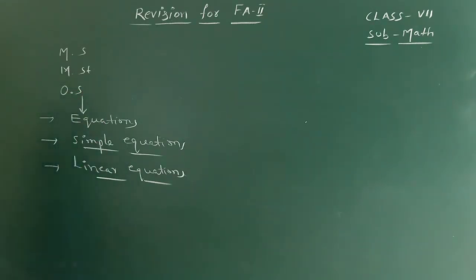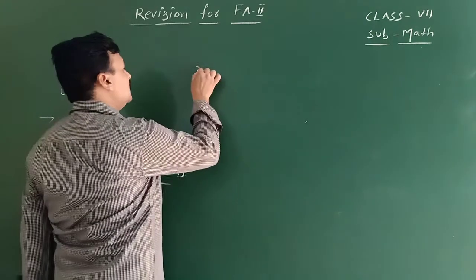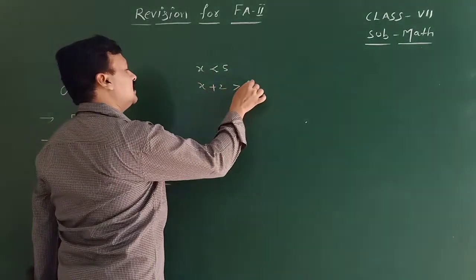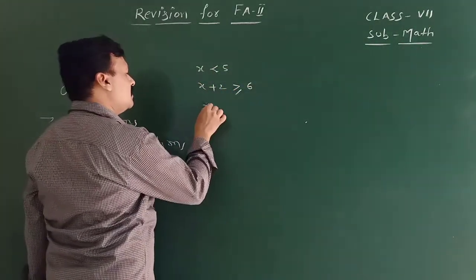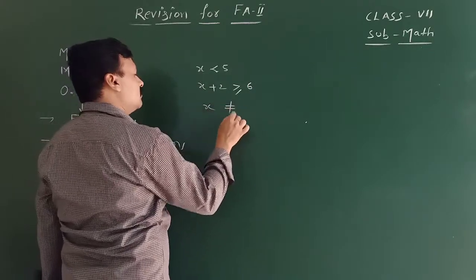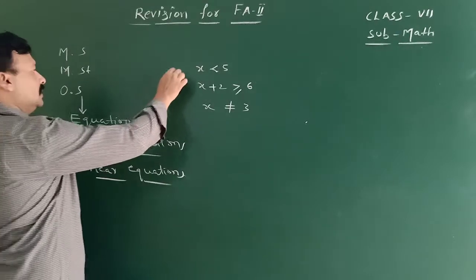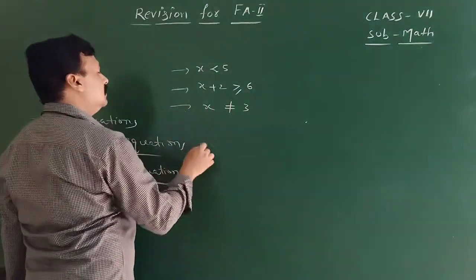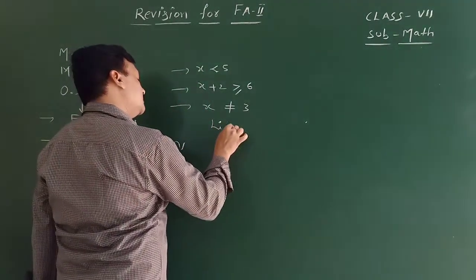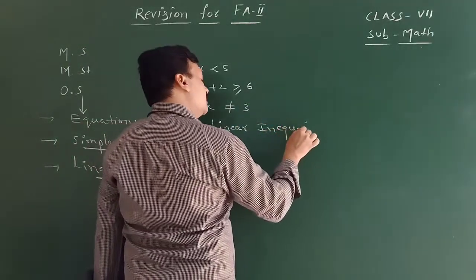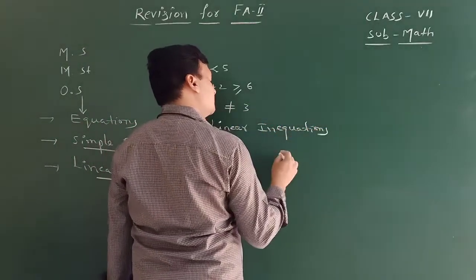If it contains a sign other than equal, like x < 5, x + 2 ≥ 6, x ≠ 3, these are linear inequations.